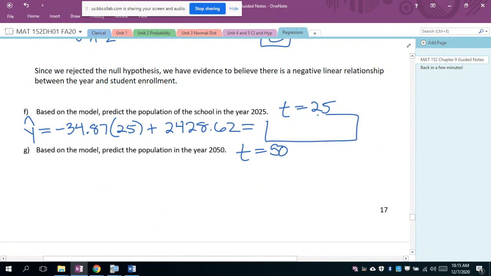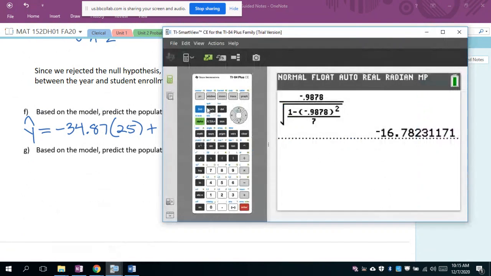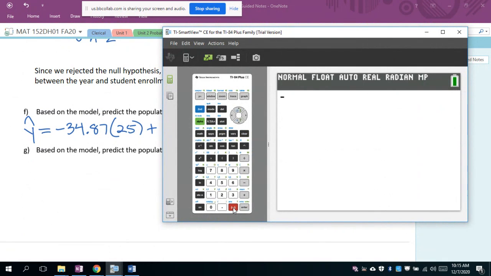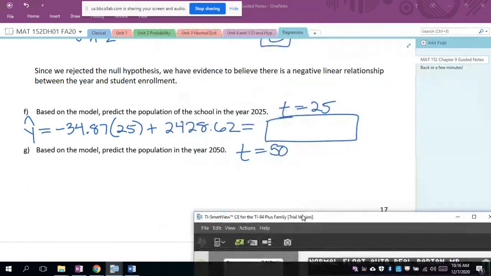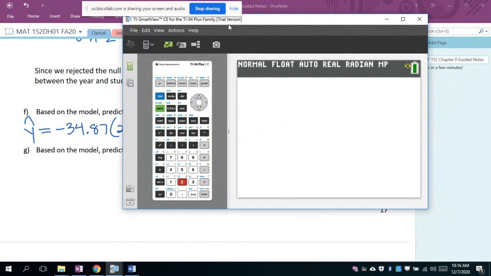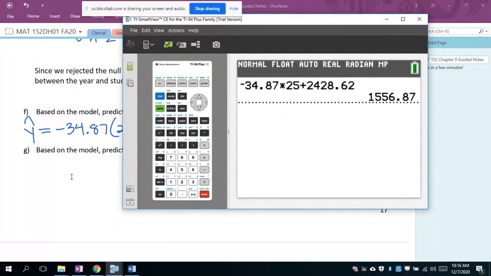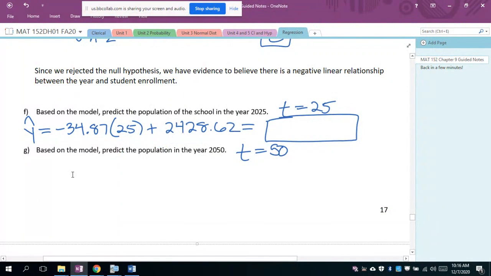And of course, we'll round to the nearest student. And that's going to be 1,557 students is what we're predicting. We would be projecting that Ambridge High School will be down to 1,557.